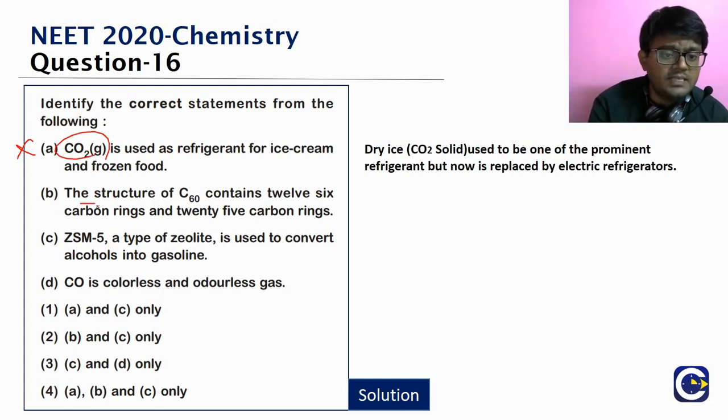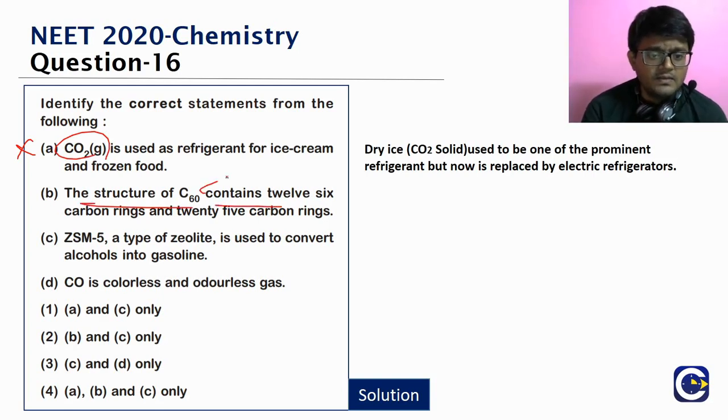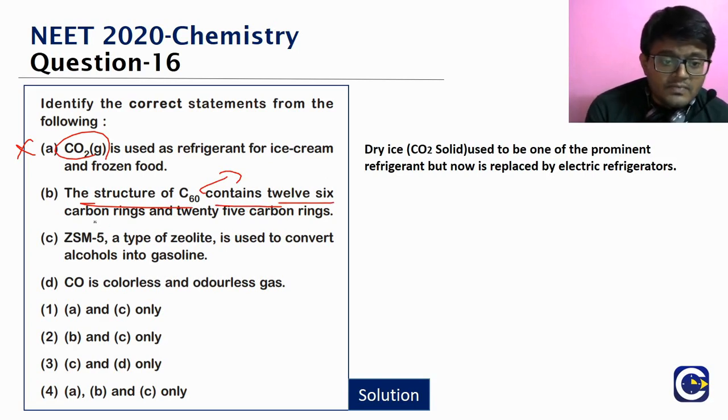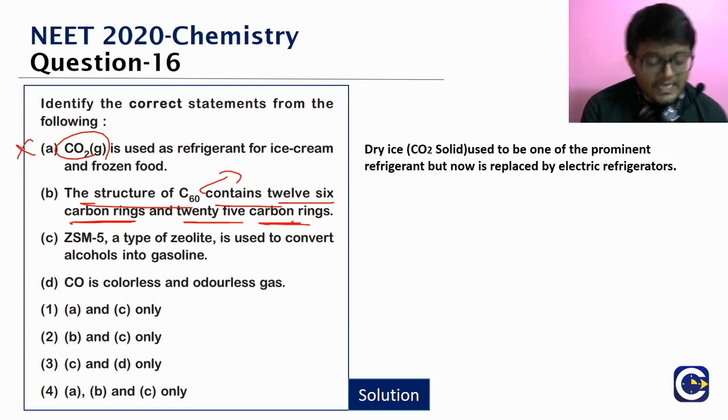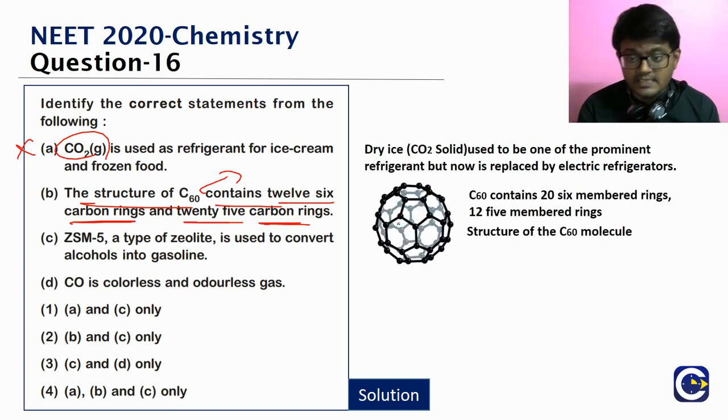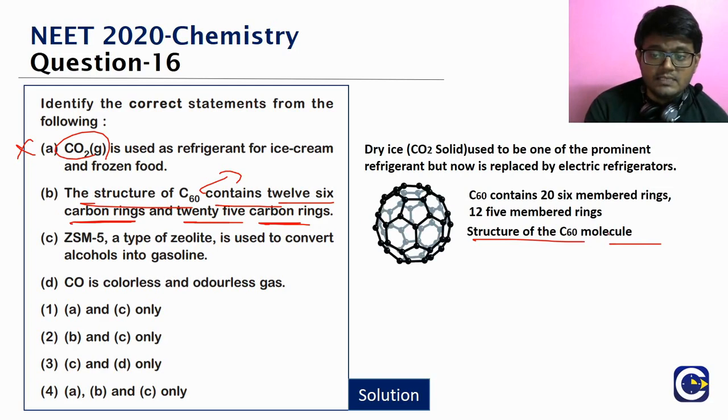Then look at option B, the structure of C60. These are fullerenes, right? C60 contains 12 5-membered rings and 20 6-membered rings. If you look at the structure of the C60 molecule, it is in the shape of a football, and you can see these 5-membered rings and 6-membered rings.